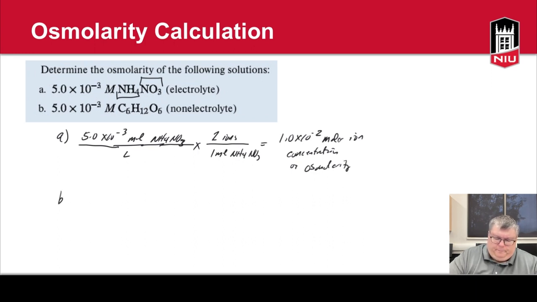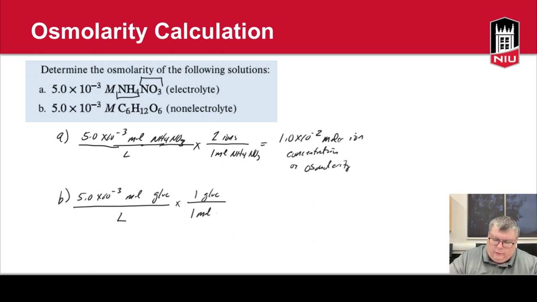Part B, we've got the 5.0 times 10 to the minus 3 moles of glucose, which I'm going to just abbreviate as gluc, per liter, times 1 glucose for every 1 mole of glucose, equals 5.0 times 10 to the minus 3 moles, or molar glucose concentration, or its osmolarity.